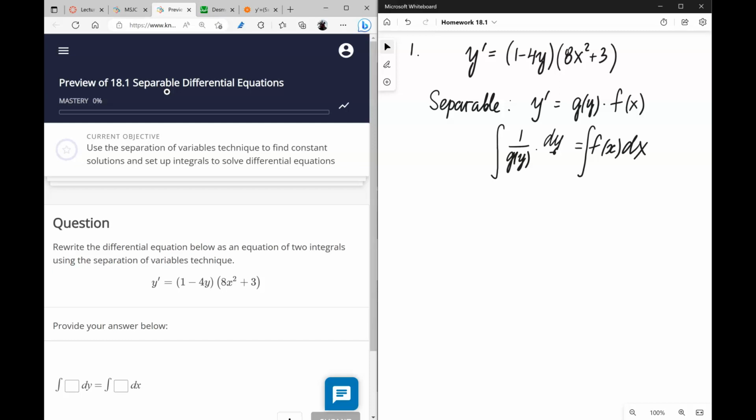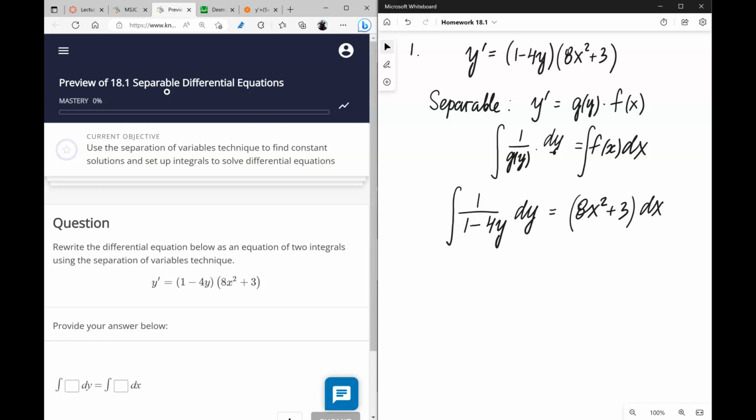In our case, we're going to divide both sides by 1 minus 4y. So 8x squared plus 3 remains on the right side. However, the y prime we're going to split into dy, which will remain on the left side, and dx, which will go to the right side.